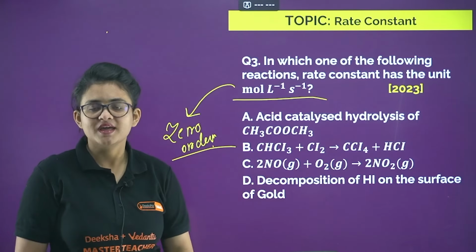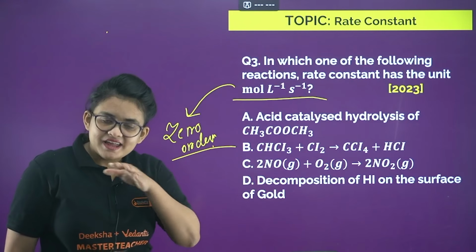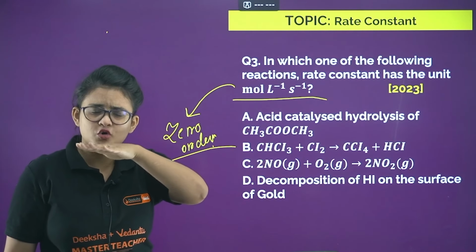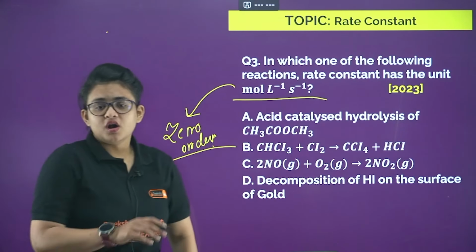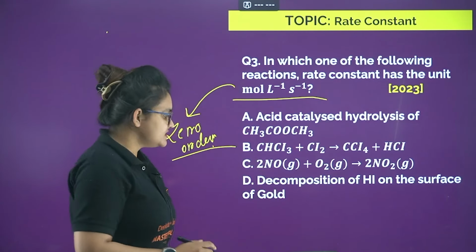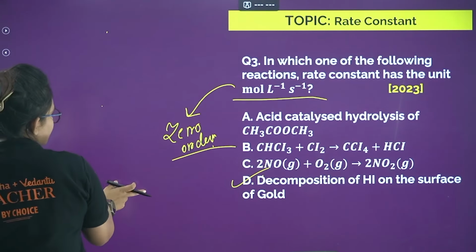Okay, it's experimental data. So whenever any kind of hydrogenation reaction or any reaction is done on the gold surface, that particular reaction becomes zero order. So this is going to be the correct one.